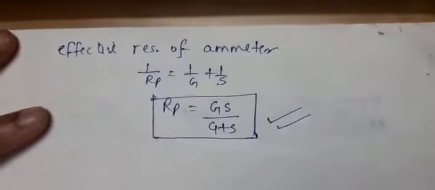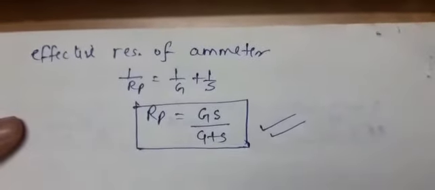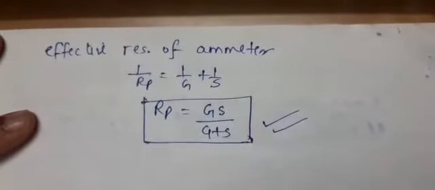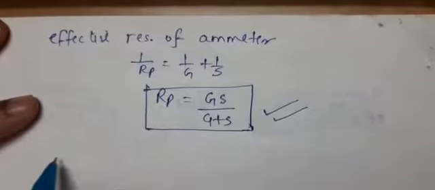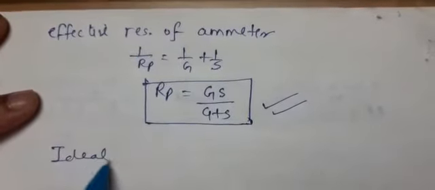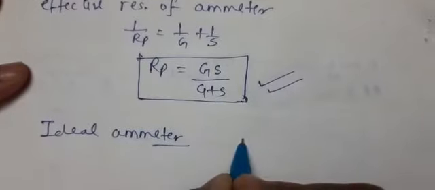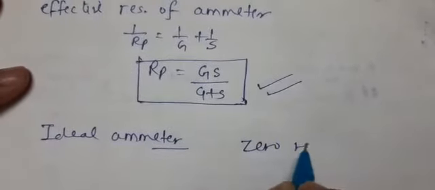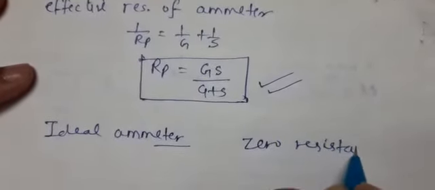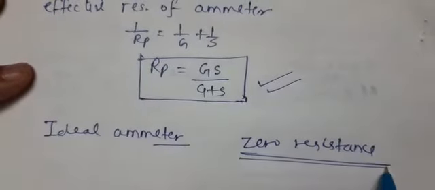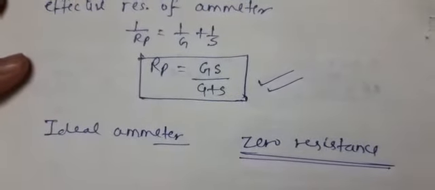So now the ammeter we have taken to be a galvanometer, that is a low resistance galvanometer. In an ideal ammeter, resistance should be minimum, so it must have zero resistance. This is only for ideal purposes. Practically there may exist some low resistance.